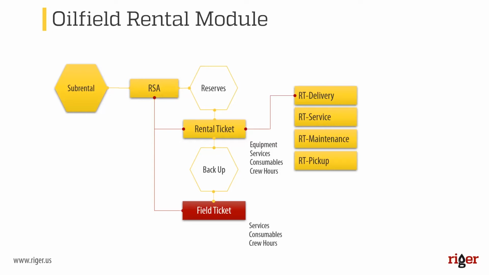And depending on the complexity of your equipment and the services that you provide, the configuration of your software will also be different because we have the ability to enable or disable different modules flexibly.